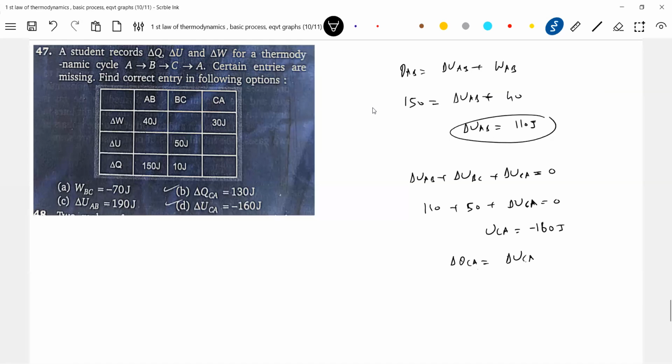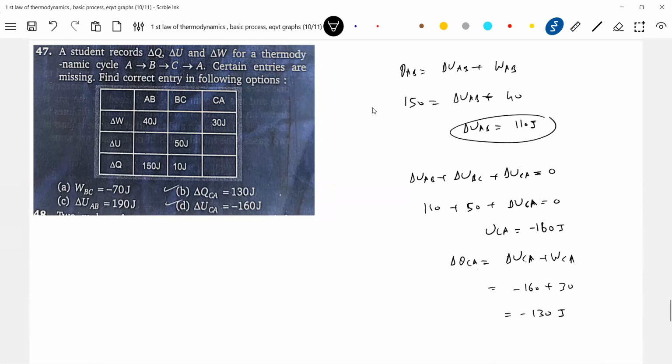Delta QCA equals delta UCA plus WCA. Delta UCA is what we calculated, minus 160. WCA is 30. Okay, the only thing left over is WBC.